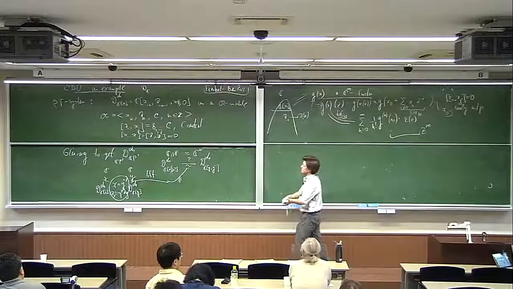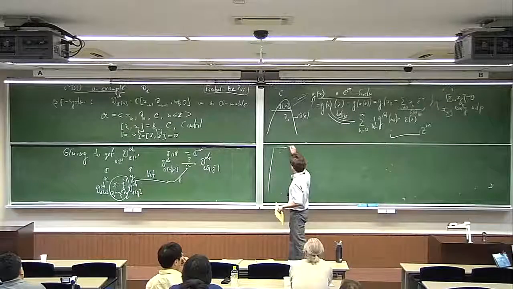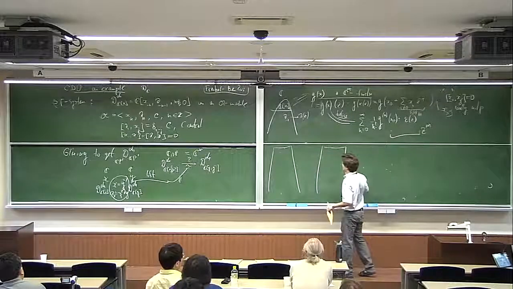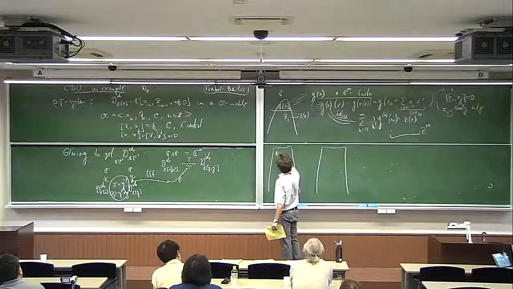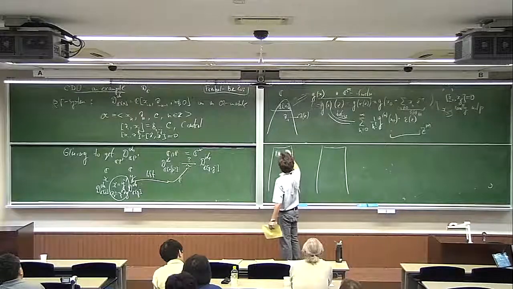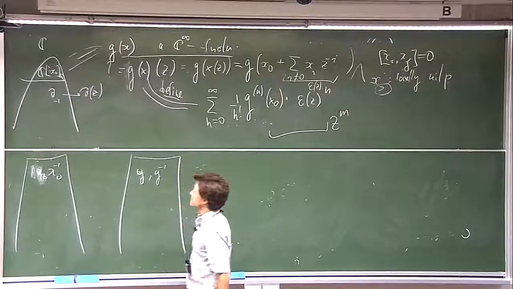So we have, standing next to each other, two copies of each other. We have x inverse on top in one, and y inverse on top in the other.